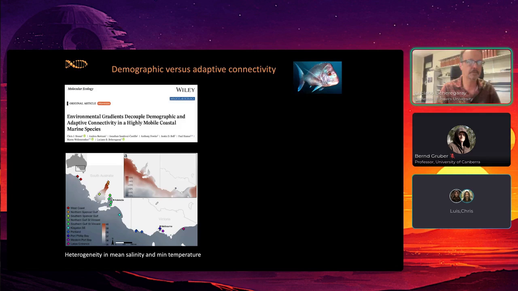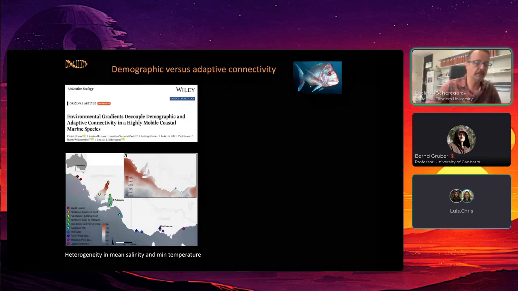connectivity. And it focuses on a very heterogeneous environment, especially represented by the two gulfs in South Australia. So for instance, let's focus on this one for the sake of time. The one that I'm showing here is the major gulf that we have in Southern Australia, Spencer Gulf.